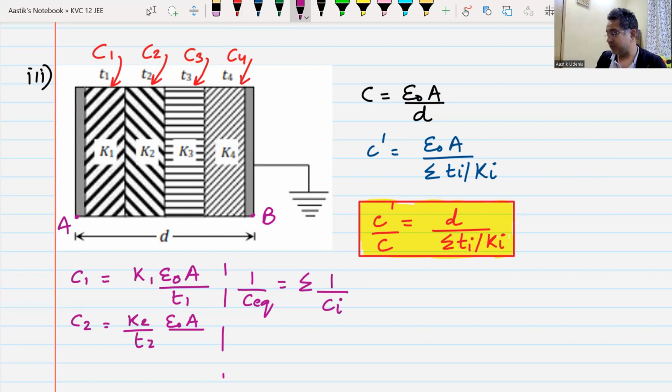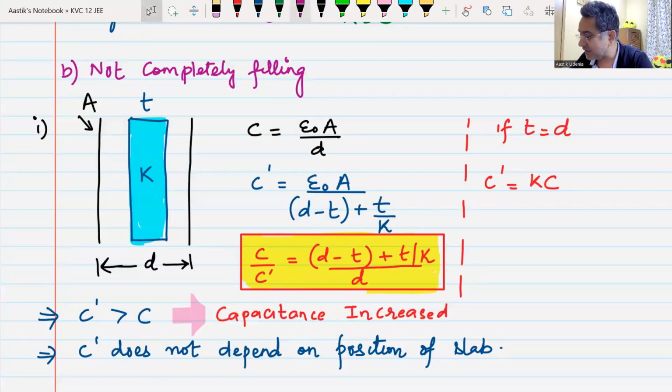Okay. Now, this is one way of filling the capacitor, but obviously this is not the only way of filling up the capacitor. This way of filling the capacitor is known as distance division. I can call it distance division. Why am I calling it distance division?